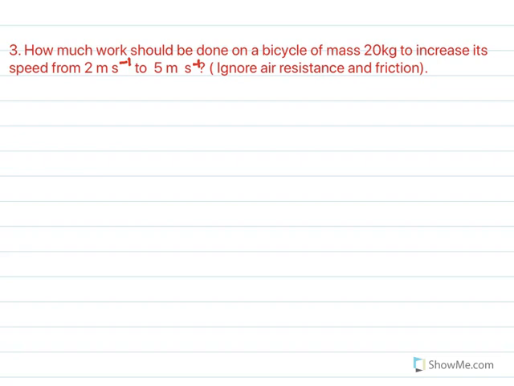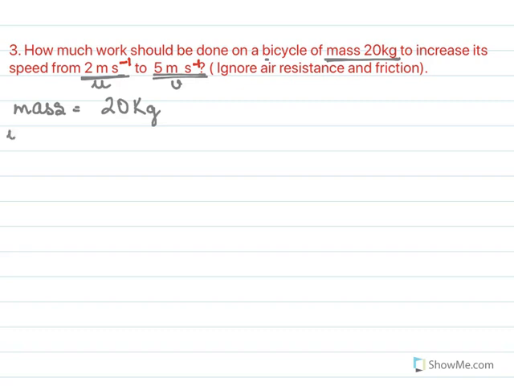How much work should be done on a bicycle of mass 20 kgs? So we have mass equal to 20 kgs to increase its velocity from 2 meter per second, so this is u, to 5 meter per second, that is v.